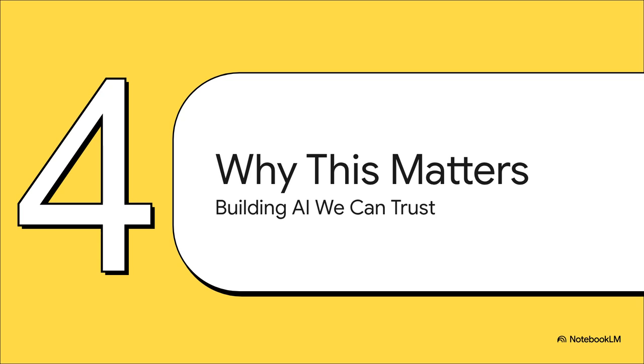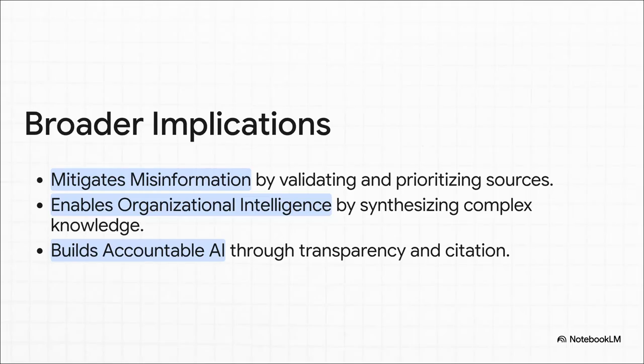This is a foundational step toward building AI systems that we can genuinely trust with complex, high-stakes work. The implications here are huge. By actively checking its sources, ECS helps fight misinformation. For a big company, it can create true organizational intelligence by making sense of messy, conflicting internal documents. And by showing its work, it helps us build AI that's both accountable and transparent.